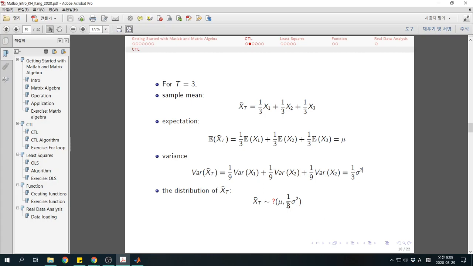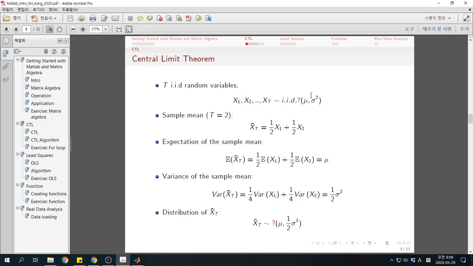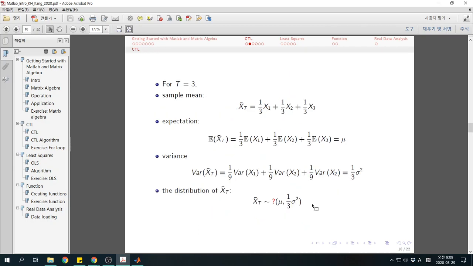Still, we have no idea what kind of distribution it is. The distribution is unknown, and sometimes even if the distribution is known, it is not standard, not found in any statistics textbooks, right?